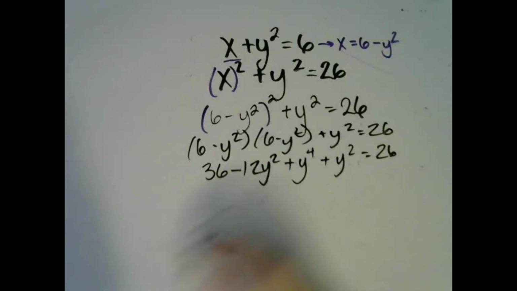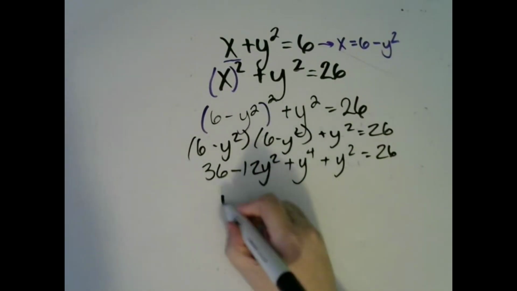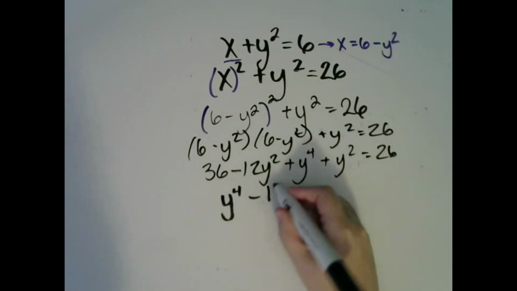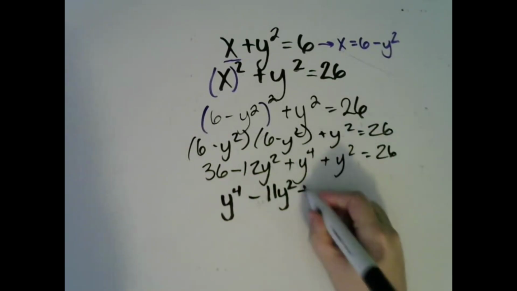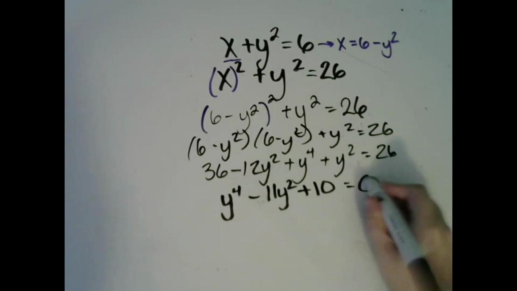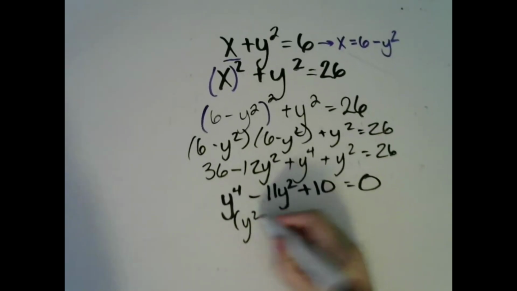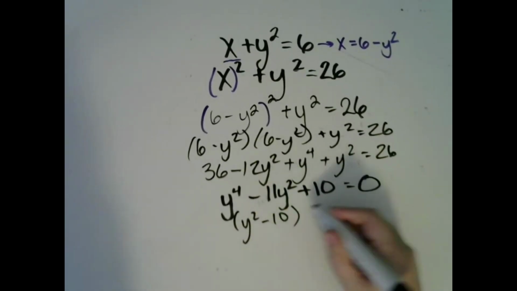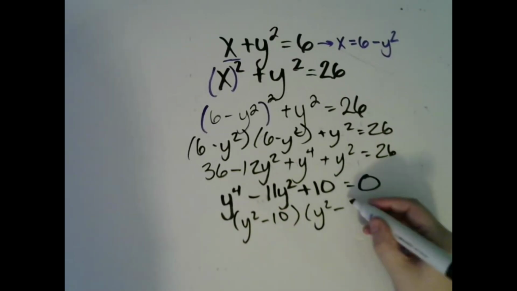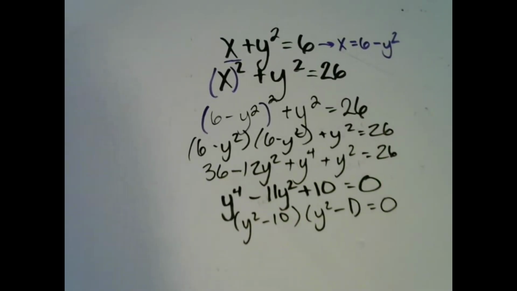Bring everything to one side and rearrange it. So I'm going to have y to the 4th minus 11y squared plus 10 equals 0. This expression is factorable. So I have y squared minus 10 and y squared minus 1 equals 0.